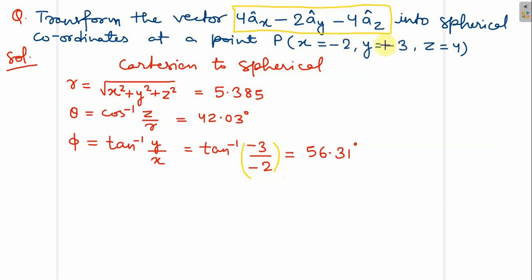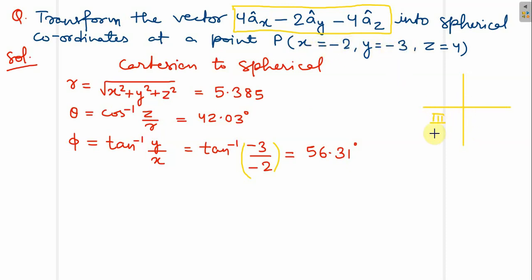Okay, now one thing you have to notice here: this x is minus and y is also minus, so both the x and y values are negative. So if we talk of the quadrant, in which quadrant do we have the x and y values both minus? In the third quadrant. Okay, in the third quadrant we have x and y values both negative, like we are having here, x equal to minus 2 and y equal to minus 3.